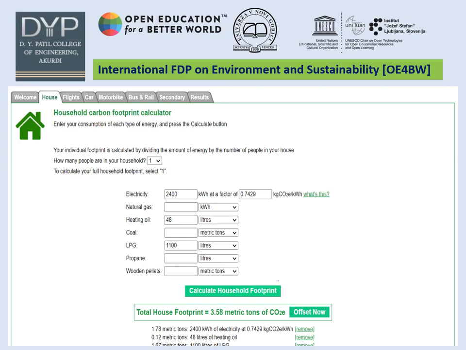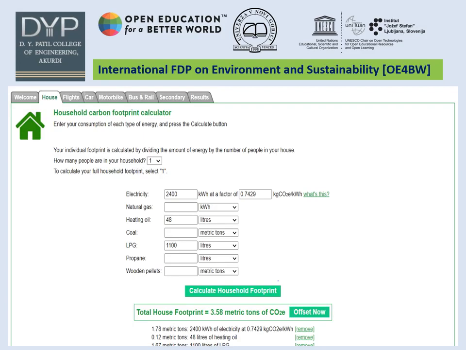Electricity consumption I have put as 2400 kilowatt hours. A family requires, let us say, heating oil of 48 liters a year. Then LPG usage may be 1100 liters, and then I have calculated the carbon footprint.